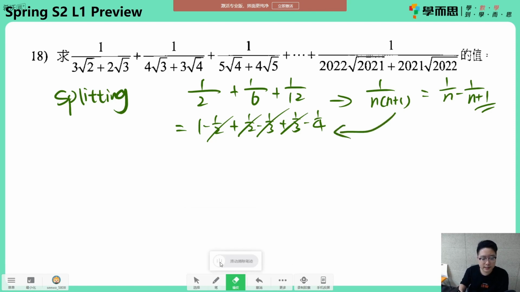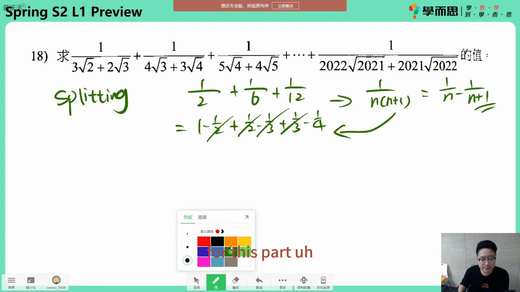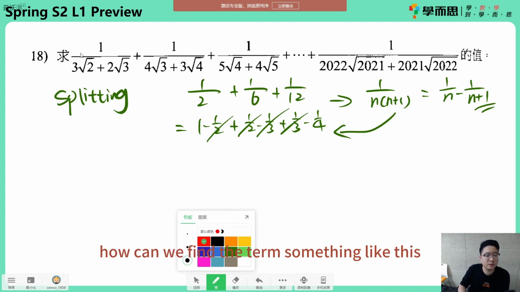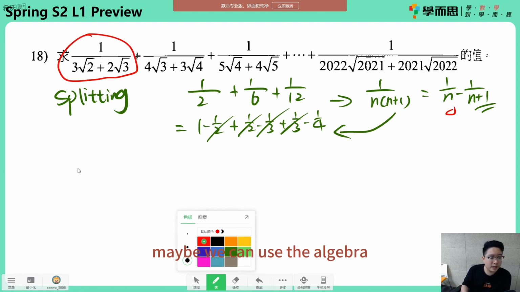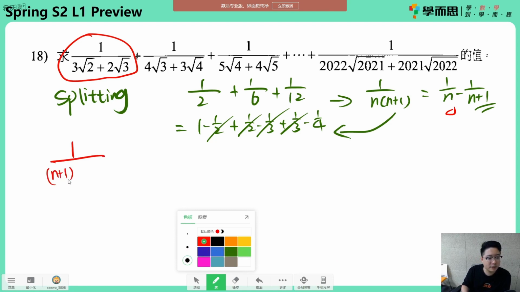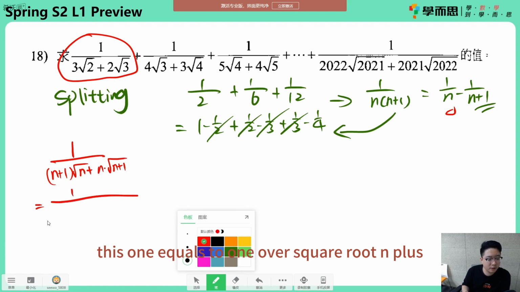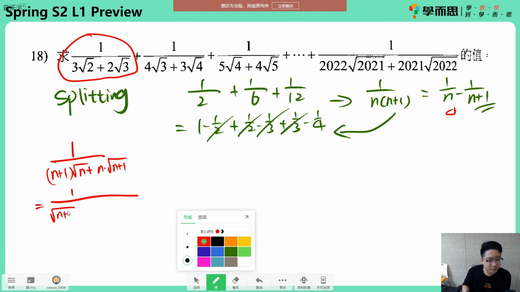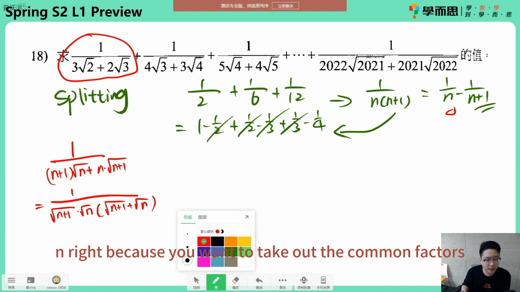Okay? And then for this part, how can we find the term something like this? Maybe we can use algebra. 1 over n plus 1 times square root n plus n times square root n plus 1, right? This one equals 1 over square root n plus 1 times square root n, and then square root n plus 1 plus square root n, right?